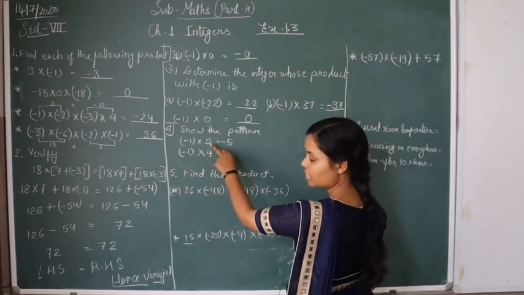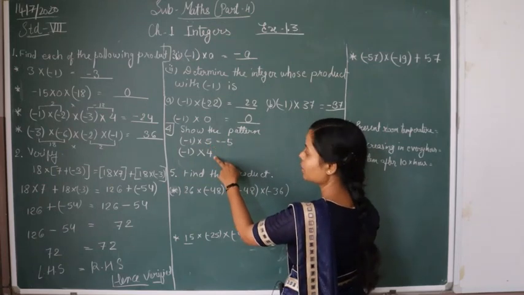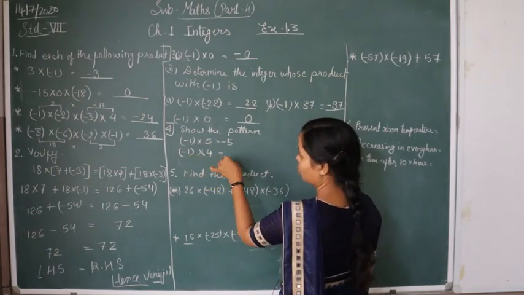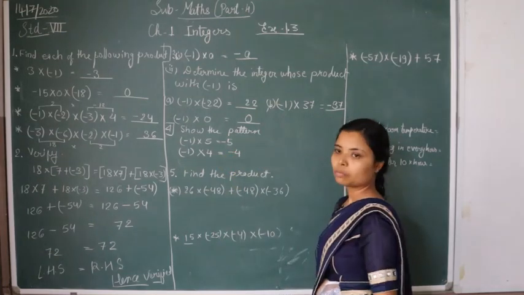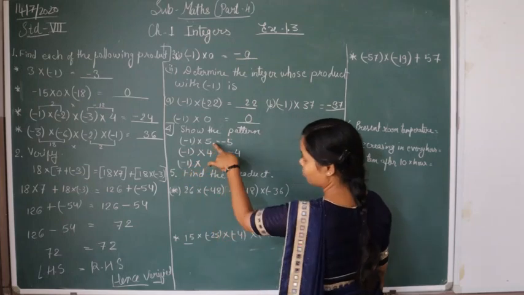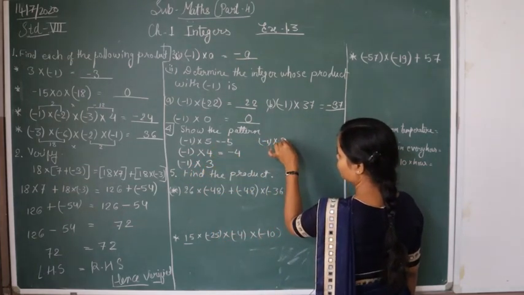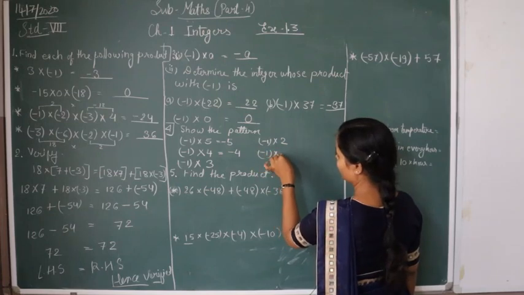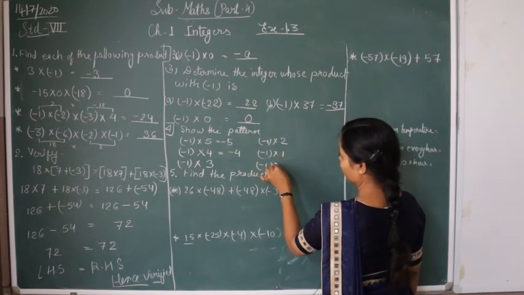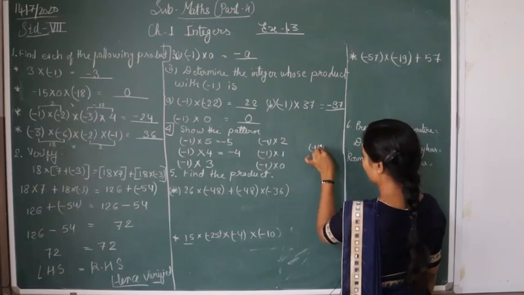Okay, so there is 5. I told you predecessor, so its decreasing number is 4. So what do you get? Minus 4. Then similarly 5, 4, then 3, and then 2, 1, 0, last one minus 1.